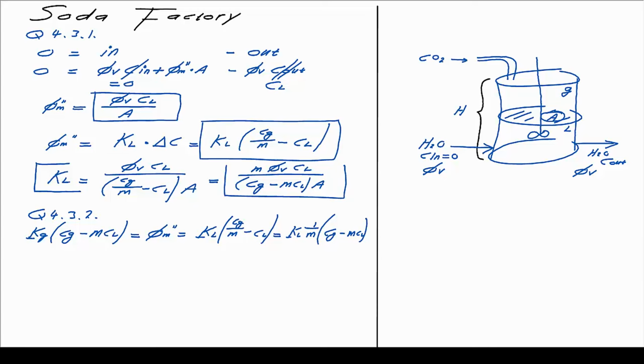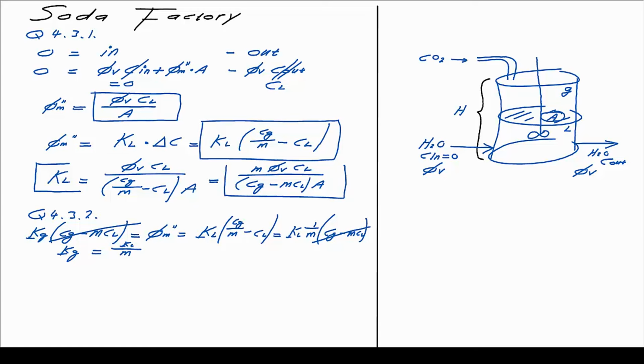What you can see immediately is that if we divide by Cg minus m times Cl on both sides of this equation, we see that capital Kg is capital KL over m.